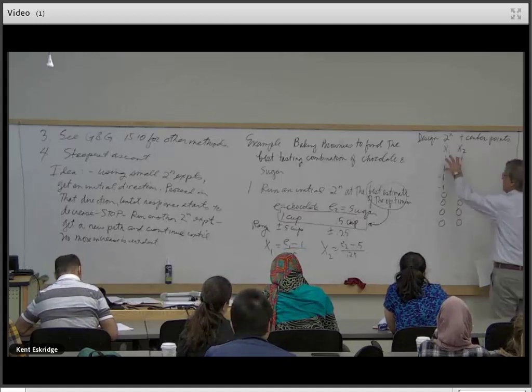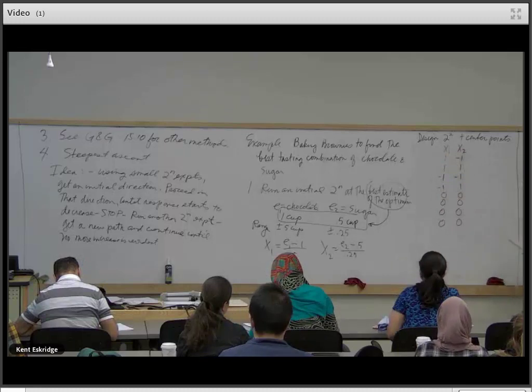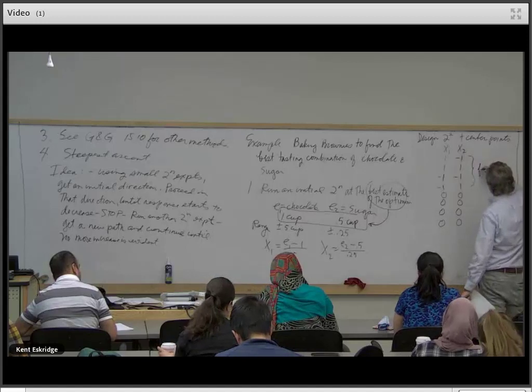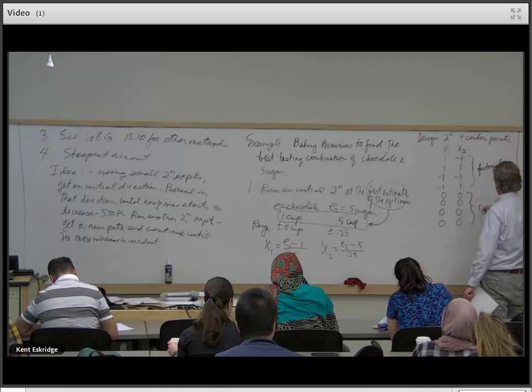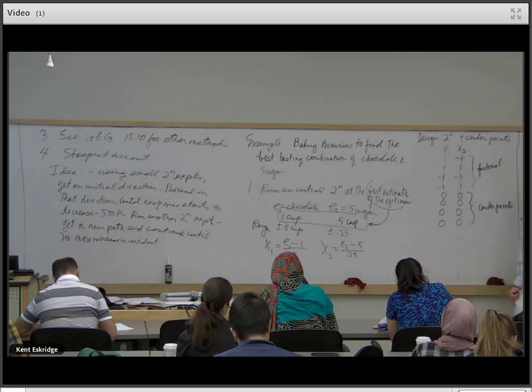It's when we have a factorial and some center points, and we're not going to really be interested in estimating interactions here. So these are the factorial, and these are the center points. Okay, so that's our first little experiment.